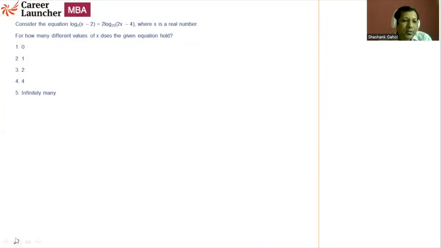Now let's see this question. Now, what does this question say? I'm not going to use a lot of different formulas for log. I'm just going to do it very simply. Log base 5 of x minus 2 is equal to 2 log base 25 of 2x minus 4.